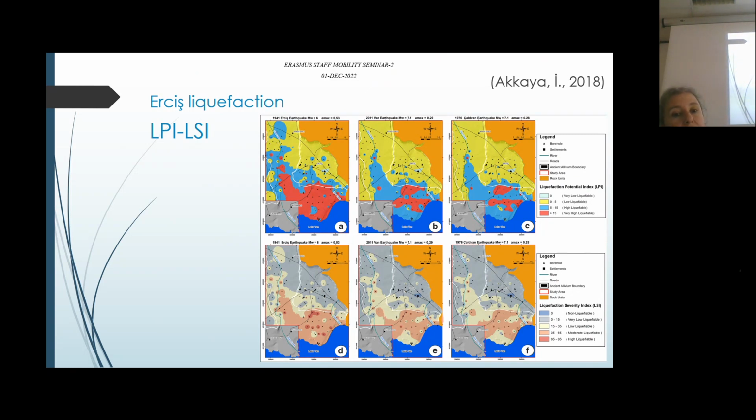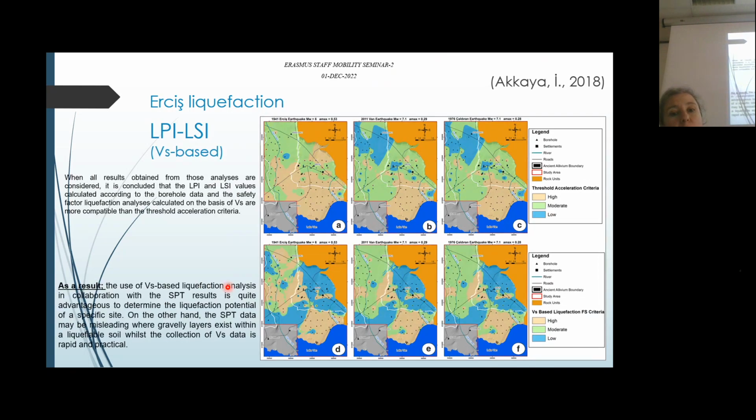So why are we having that? This is actually SPT based, but you can have VS based. So it differs depending on the comparison of the calculation or the selection of the methodology and so on.